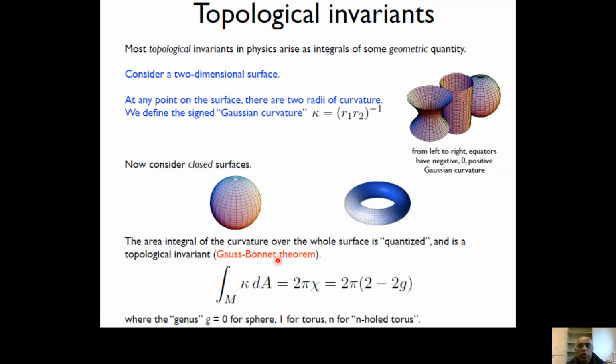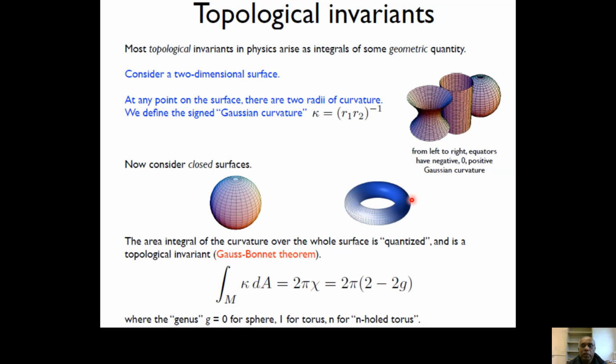This is called the Gauss-Bonnet theorem. They found this number is actually 2 minus 2G, where G is called the genus. G is 0 for a sphere, 1 for a torus, and if you have n-hole toruses, it depends on how many toruses there are.